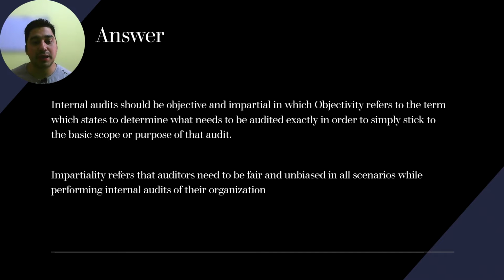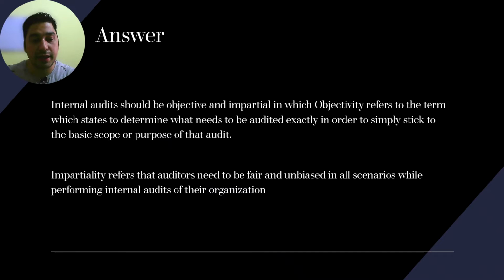So audit should be impartial, and impartiality refers to auditors needing to be fair and unbiased in all scenarios while performing internal audits of their organizations. They should not show any partiality. When they are conducting any internal audit, some departments have a good relationship with them, and they will not audit in a very thorough way, but some of the departments they will go through in a detailed way.